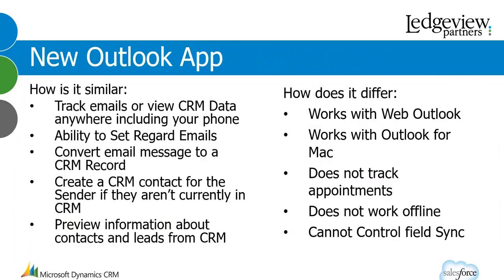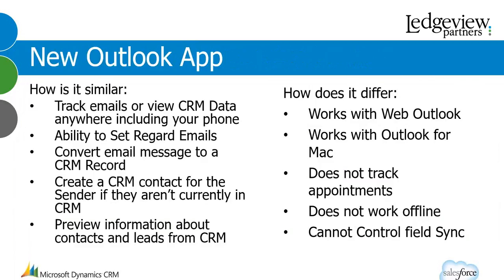The main difference, however, is that it could do it on your phone in the Outlook app, which is fantastic. You can still set regarding to your emails, and you can still convert email messages to a CRM record. You can create a CRM contact for the sender if they aren't currently in CRM. That is still a feature of the Outlook client. And you can preview information about contacts and leads from CRM.